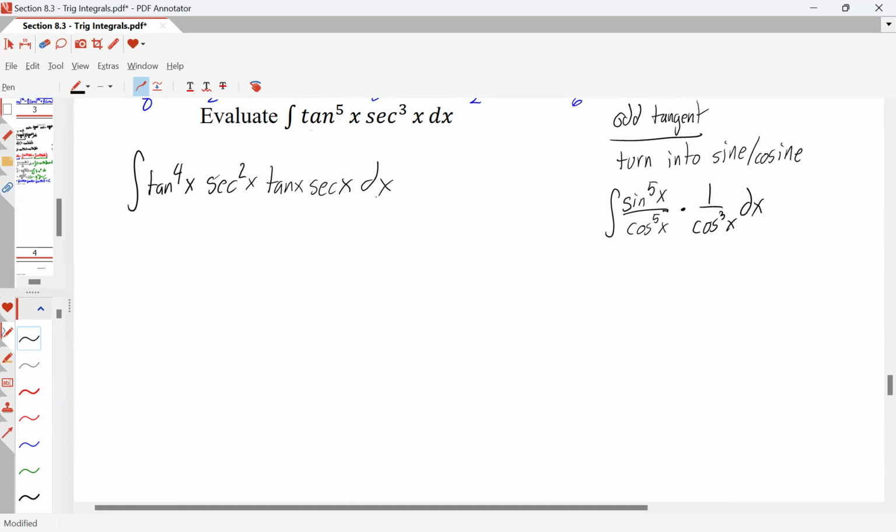And then, just like before, the reason we're doing this is we're trying to set up a u substitution. We're pulling out what we want to become du, so we want ultimately du to equal tangent x secant x dx. And to get du equals tangent x secant x, that means u is going to equal secant.